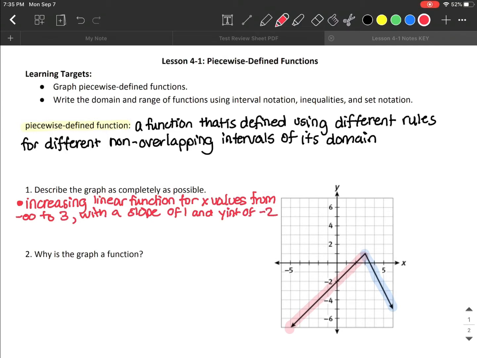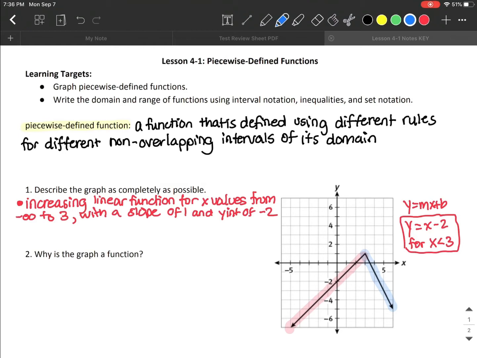So if I wanted to write a rule for this piece, I know I'm using y equals mx plus b, because it's a piece of a line, and I'm subbing in 1 for m and negative 2 for b. So I have y is equal to x minus 2, for x values that are less than 3. That takes care of my red piece.